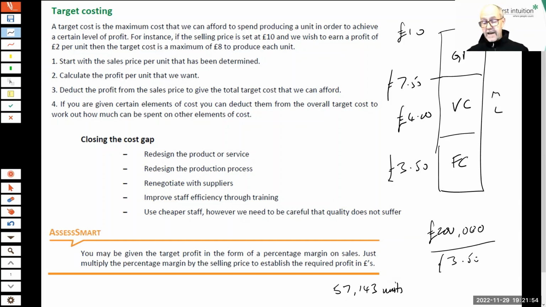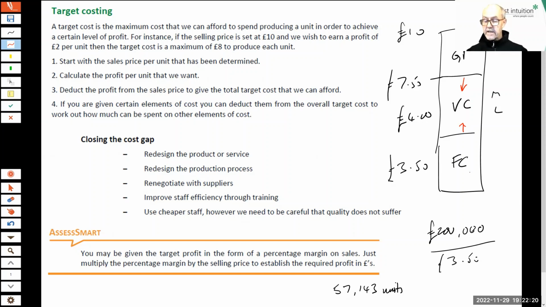What happens in that case, though, if we find that at that price we can't sell that many units? Well, what can we try and do? We can try and make it cheaper. We can try and squeeze our variable costs a bit, because if we can do that, that'll give us a bit more leeway for fixed costs. If we can make it for £3, we can afford £4.50 fixed costs.